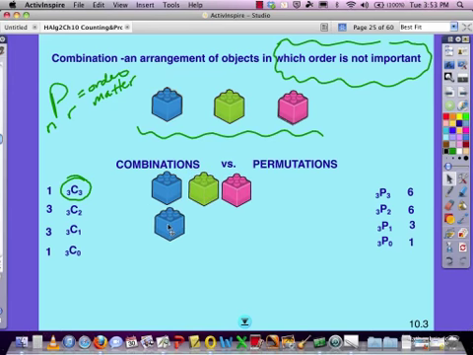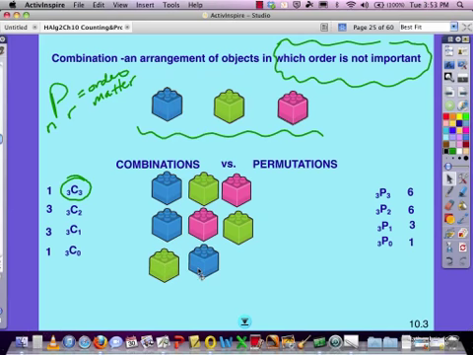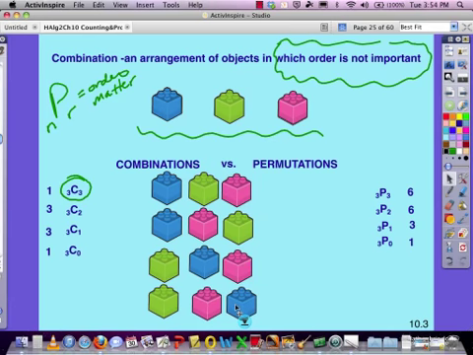But again, if I have the blue one first, I could have the pink second and then the green. Now that I've exhausted all possibilities there, let's put the green one first. If I put the green one first, then I could have the blue then pink, but still with the green one first, I could do pink, then blue.